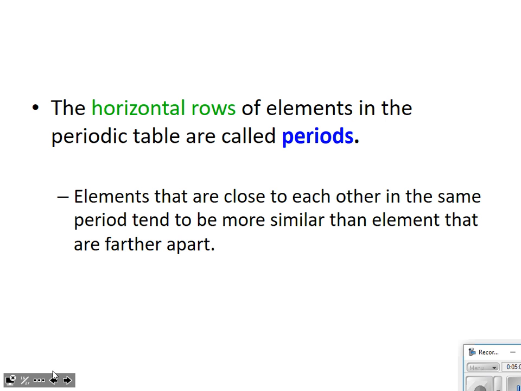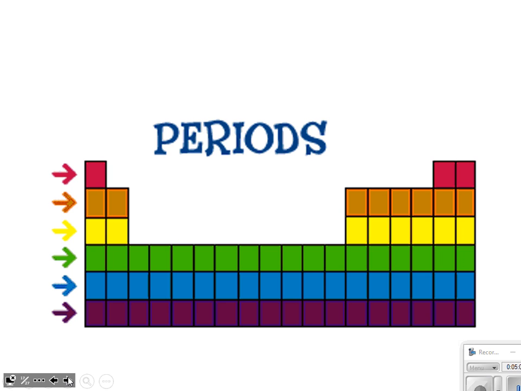So, if we look here, here's a period, okay? And I'm going to bring up the next slide, and it's talking about the second period right here that's in orange. These two elements in the second period are more similar to each other than these elements over here, and vice versa.